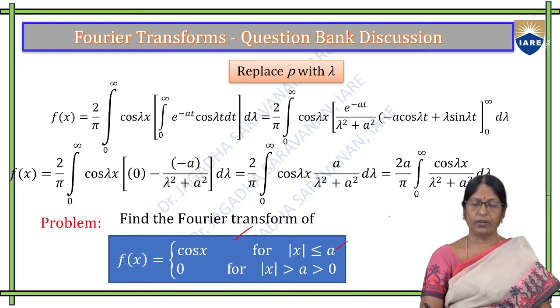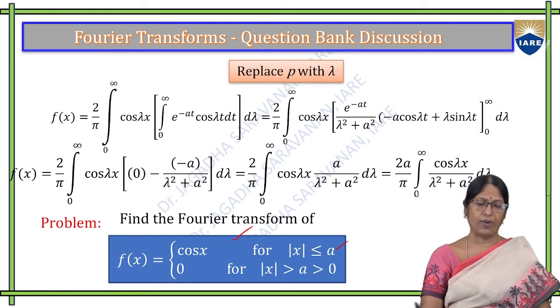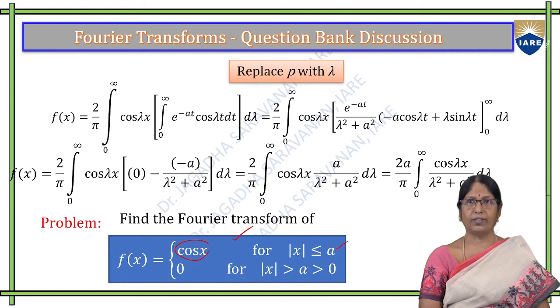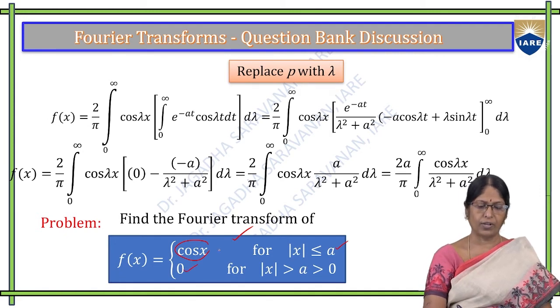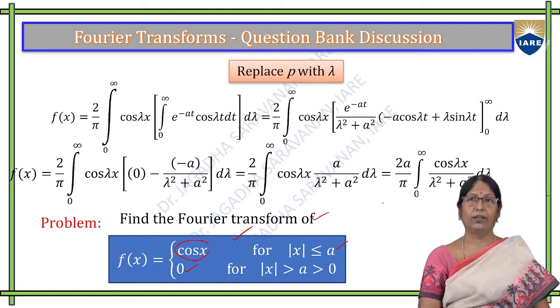Strictly, if mod x is less than or equal to a, the function is cos x. If it is greater than a, from a to infinity, the function is 0. So first, at the first level of Bloom's taxonomy, we have to recall the formula.